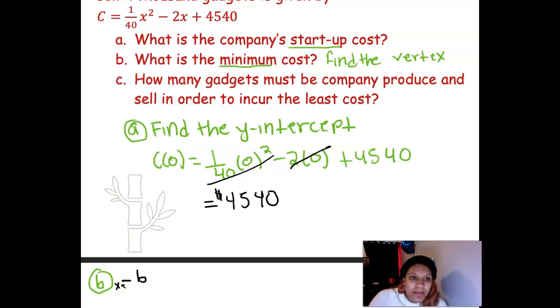Let's go back. It's not writing how I want it. So x equals negative b over 2a, which, remember, the standard form of a quadratic is this.